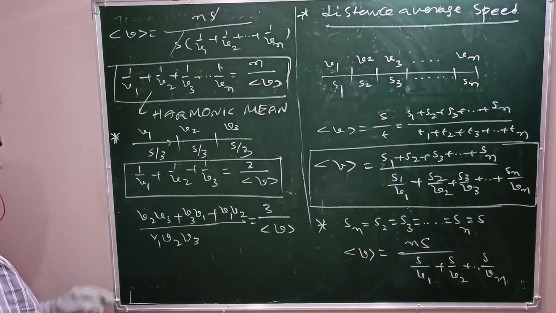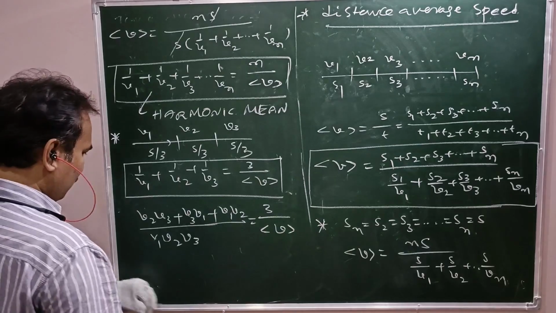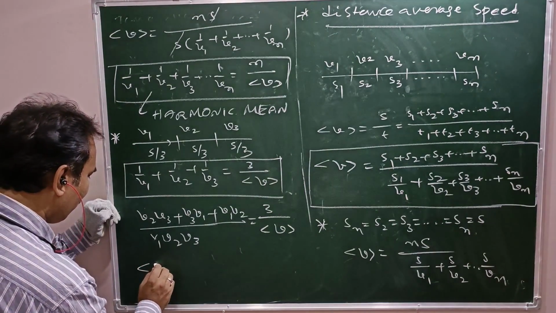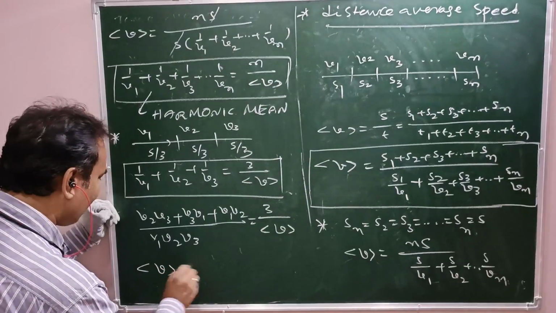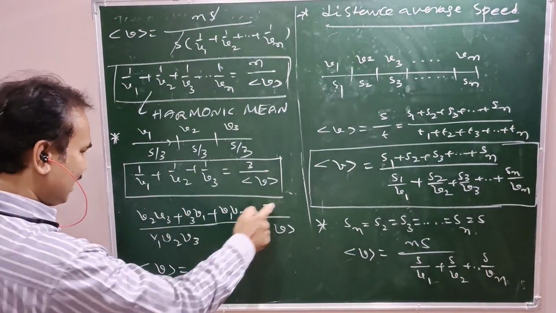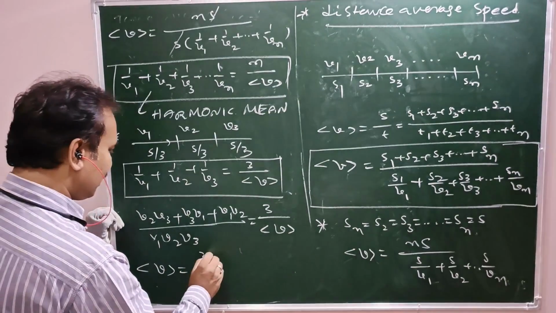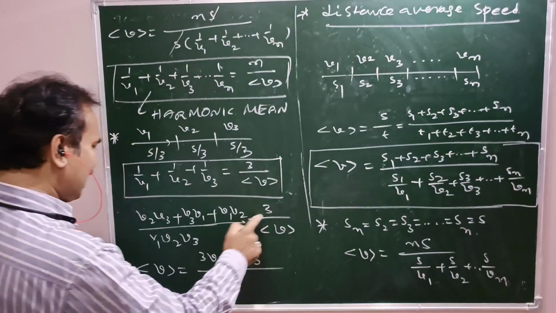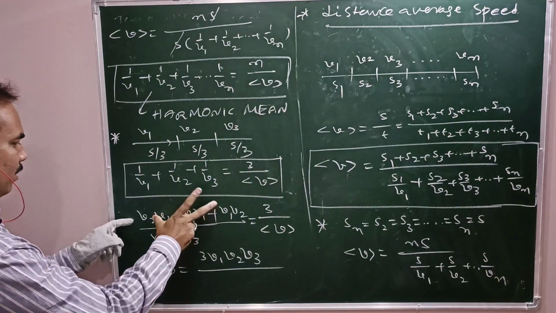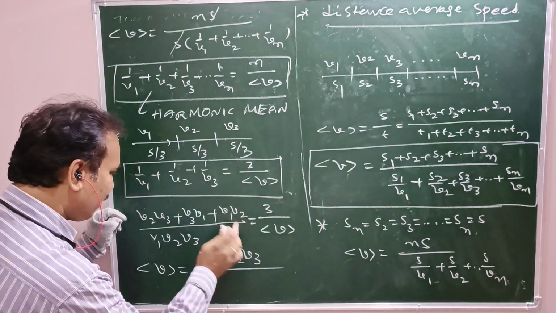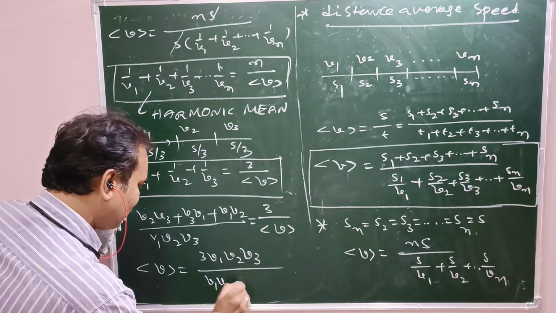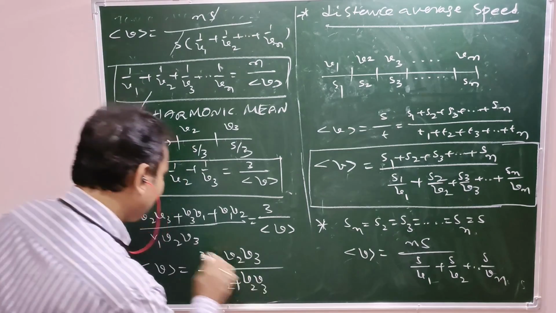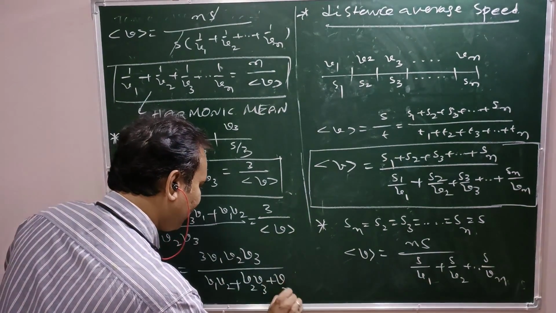Now what is the expression on making the average speed the subject? V equals 3 times V1 V2 V3 divided by the numerator, that is V1 V2 plus V2 V3 plus V3 V1.